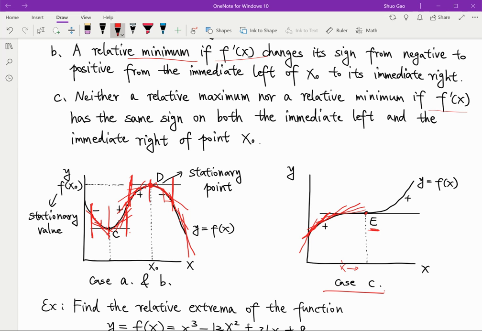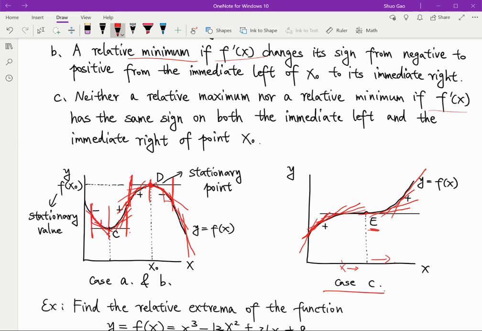And then to the right of E, when x is larger than E, the slope becomes positive again. It becomes very flat but positive, and then when you increase x a lot, the slope becomes more and more positive, a very steep upward sloping line. So from this graph, we can see that the point E is not a maximum or a minimum.